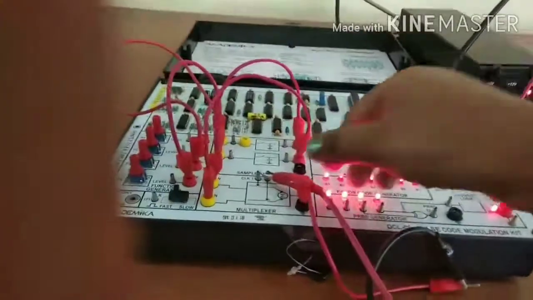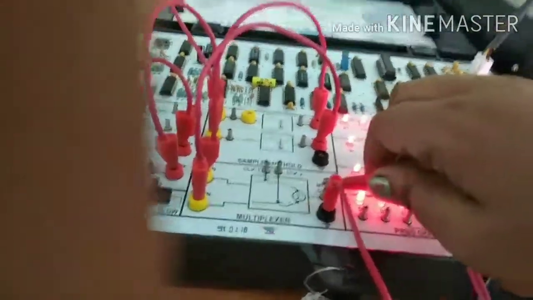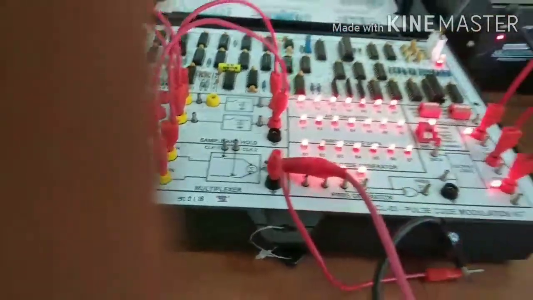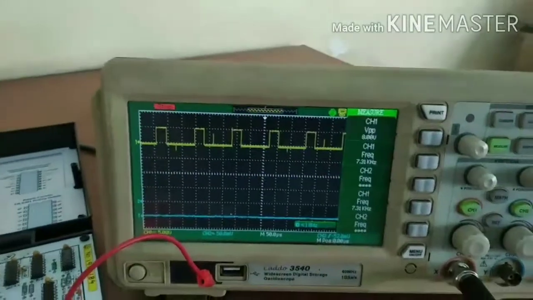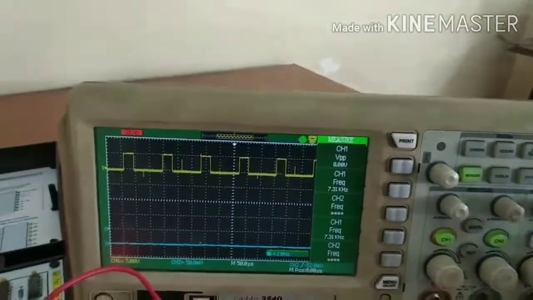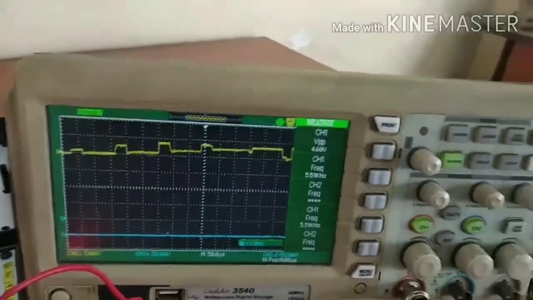Then we go to the multiplexer output. For the multiplexer output, we need to connect the probe at the multiplexer point. Then again we go to the DSO and press auto.